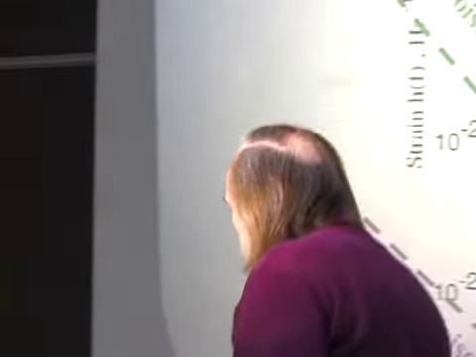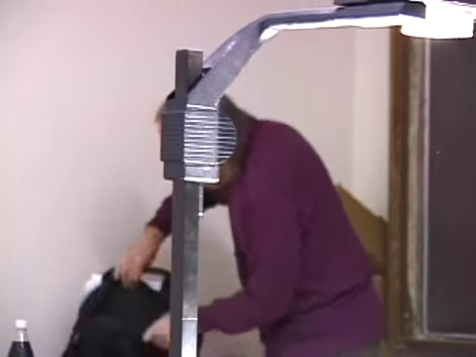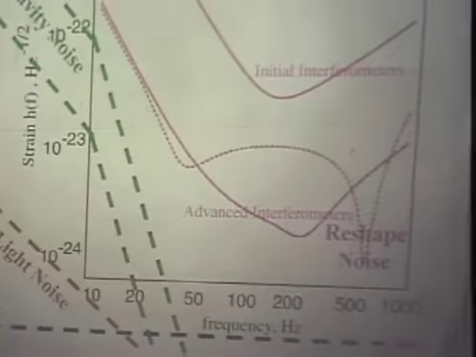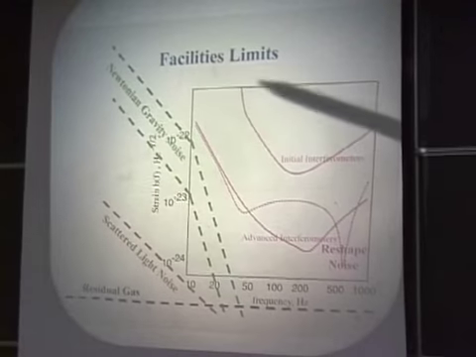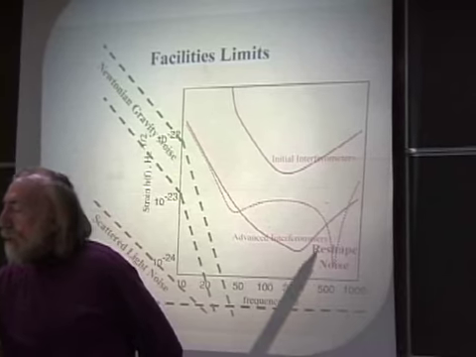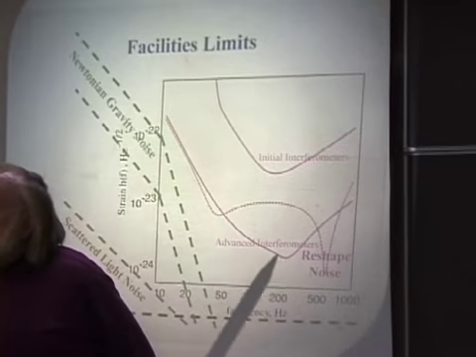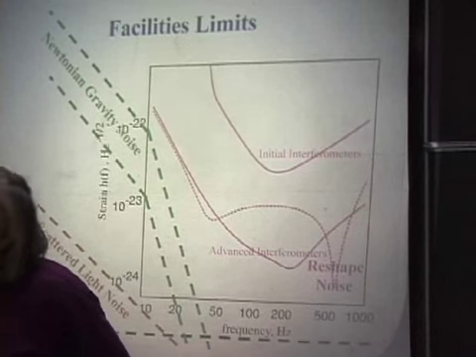So on this transparency, I am showing the facility limits as three curves that are put on top of LIGO noise curves. The LIGO noise curves are the initial interferometer curve, the advanced interferometer curves for a broadband detector and for a narrowband detector.